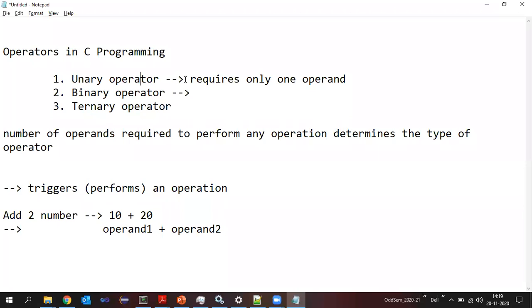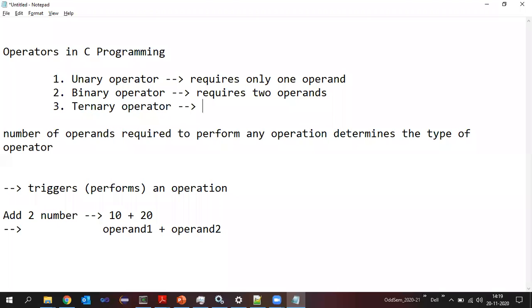In the same way, now binary. So here you may also notice, unary means it is one. Binary, bi means two. That means these types of operators require two operands. Two operands means in order to perform operations under this classification, they definitely require two operands.